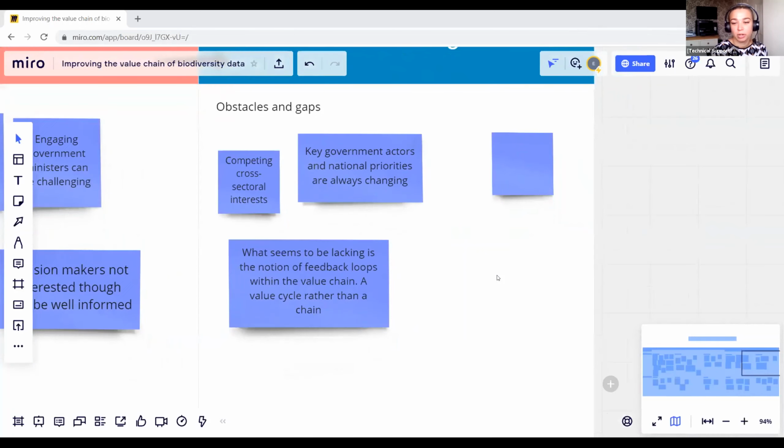Kira, so Nadine's point is that having champions within different key sectors is crucial. Okay, I understand where she's coming from with that. That's a great point.